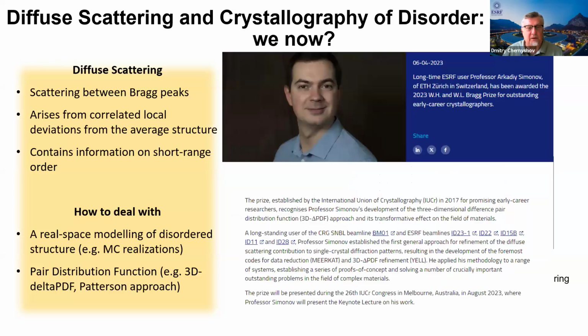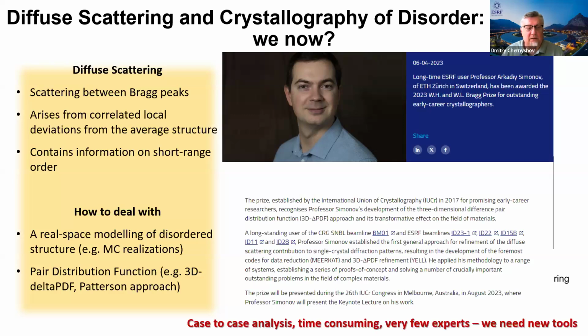And we're quite happy because the user who came to our beamline as a PhD student recently got, as a professor, a Bragg Prize from the International Union of Crystallography for development of this technique. However, it is still quite difficult business. Case-to-case analysis is very time-consuming. There are very few experts, and we definitely need new tools to work with diffuse scattering.